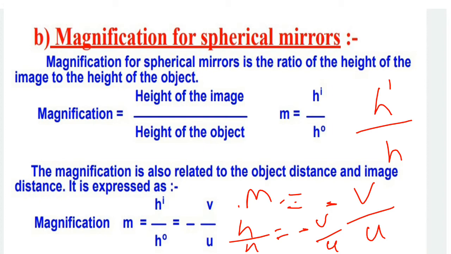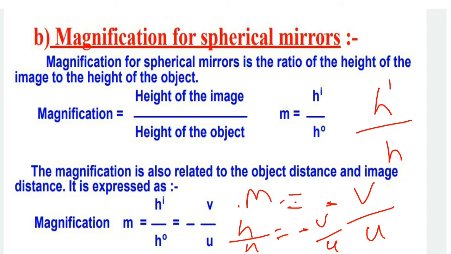In accordance with the Cartesian sign convention, the height of the object is taken to be positive as the object is usually placed above the principal axis. The height of the image should be taken as positive for a virtual image, and negative for a real image.